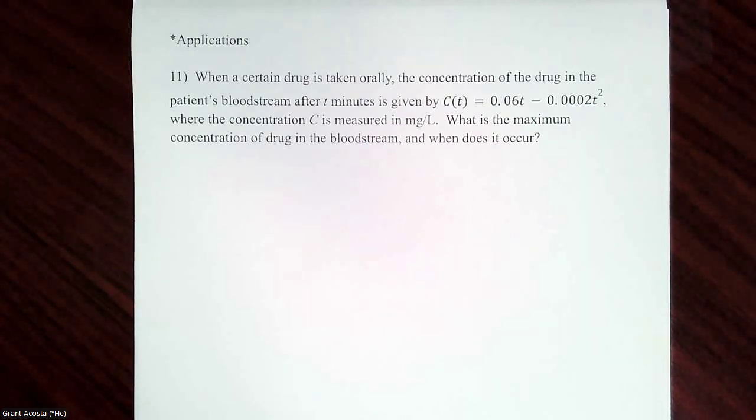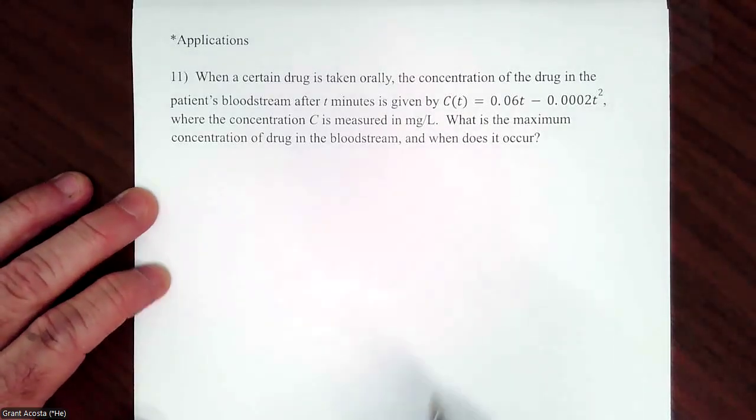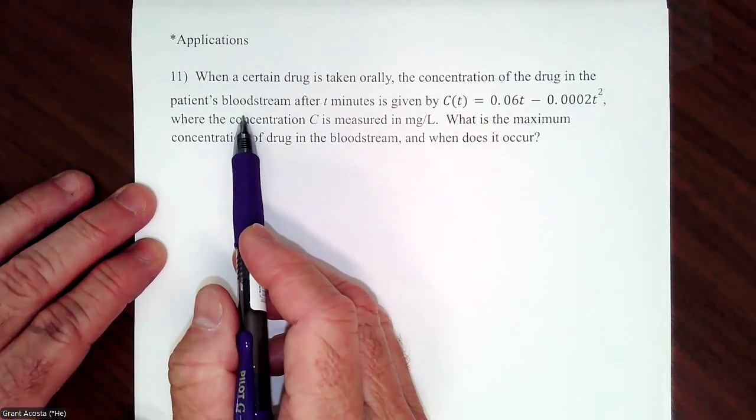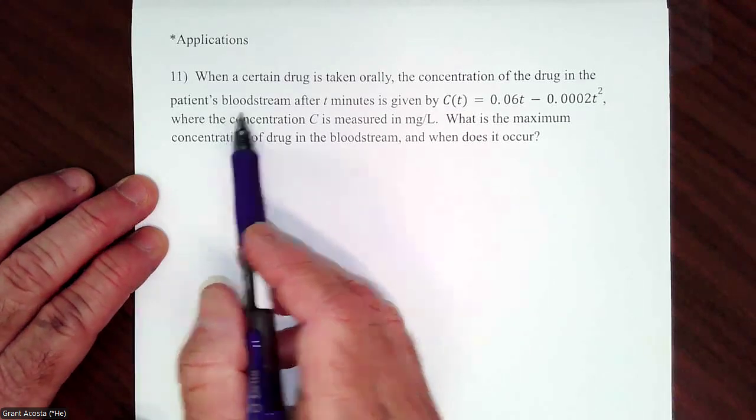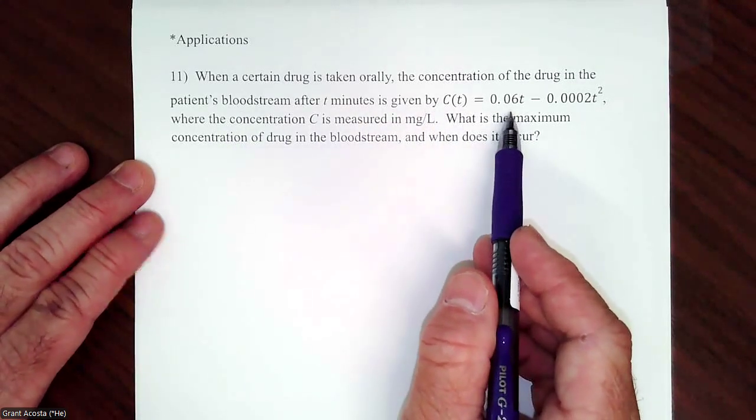Knowing how to find the vertex of a parabola is really, really useful because there are lots of applications, things that involve parabolas. And here's one, more of a medicine one. So suppose a patient takes a drug orally, and we want to think about how the concentration of the drug changes over time.